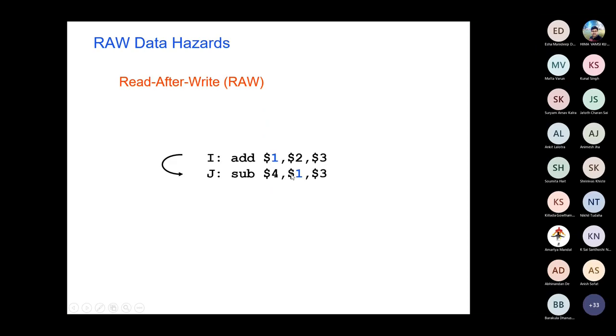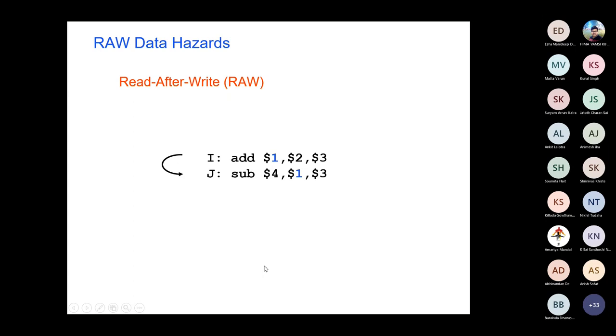So obviously for proper execution, if you want to read this, you must have the updated value of the destination register. If not, then it will be executed incorrectly. And that's why the hazard arises.